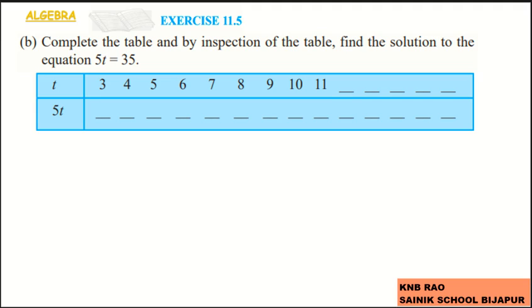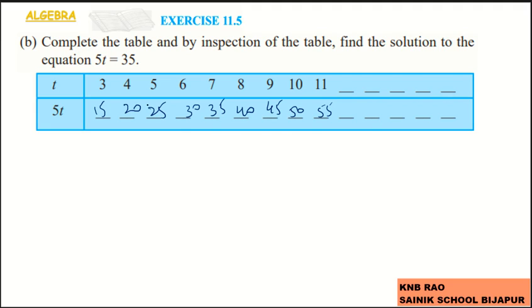In the sub question B, complete the table and by inspection of the table, find the solution to the equation 5t equals to 35. If t equals to 3, 5t becomes 5 3s are 15, 4 3s 20, 5 5s are 25, 6 5s are 30, 7 5s are 35, 8 5s are 40, 9 5s are 45, 10 5s are 50, 11 5s are 55, and so on.